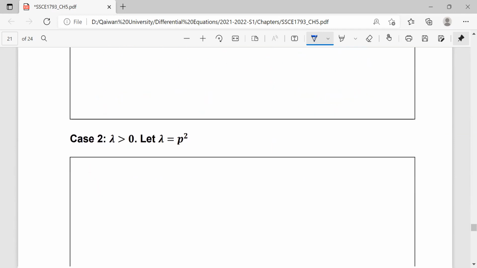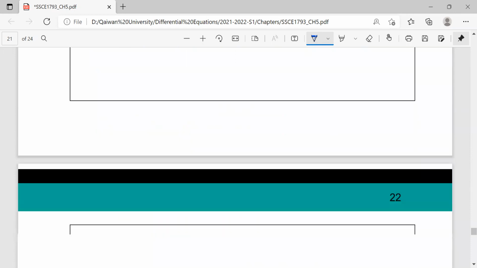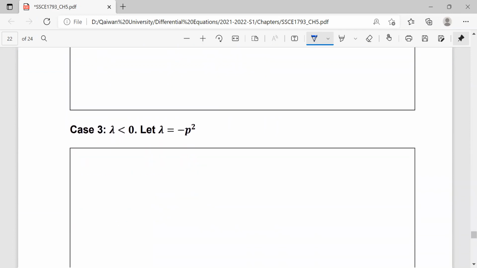The other case is also not interesting. In the last case, we don't say it's minus b squared; we can say it's n squared pi squared, which is also a constant. Also, we can say it's b squared.